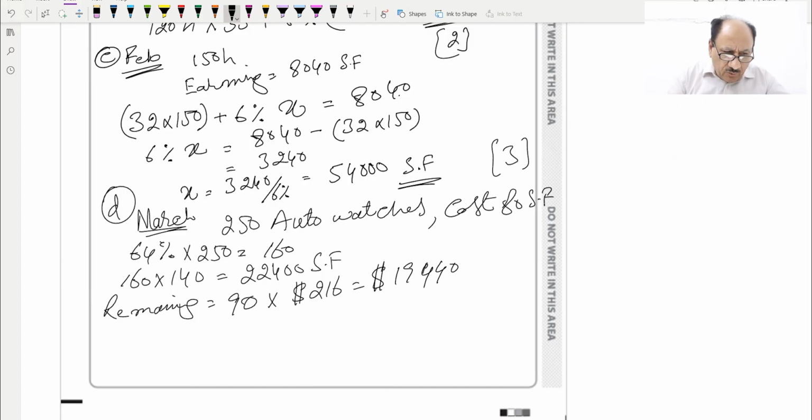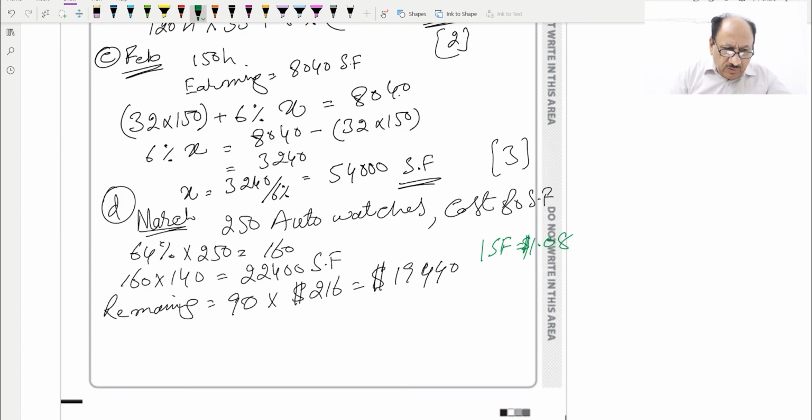19440, this many dollars. And they are saying using an exchange rate of 1 Swiss franc is equal to $1.08. So this is the currency conversion which we have to use and calculate the total profit in Swiss francs the company makes on these 250 watches.